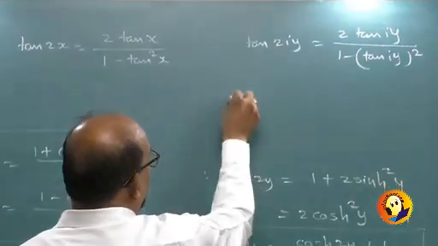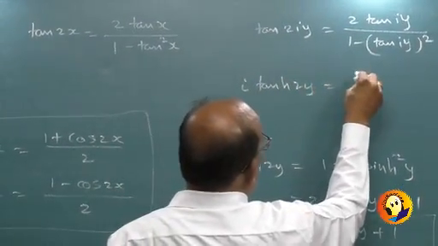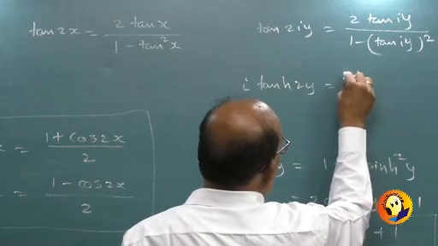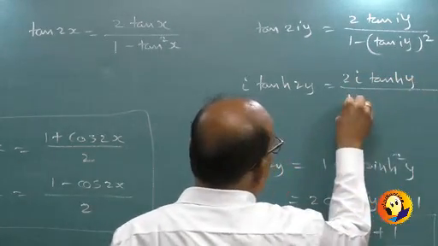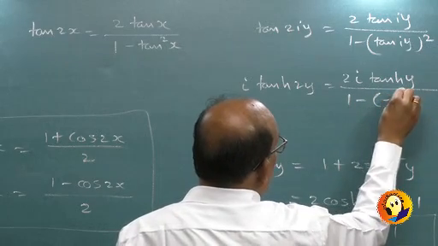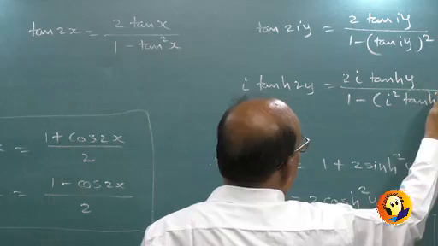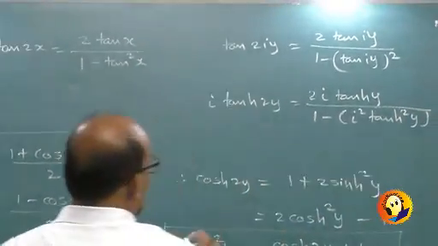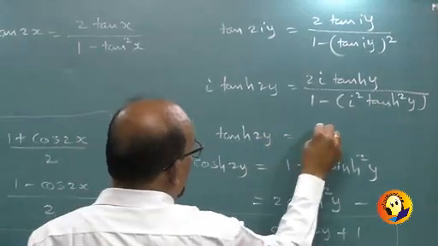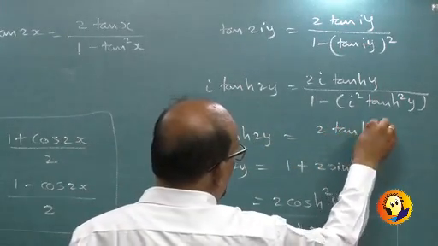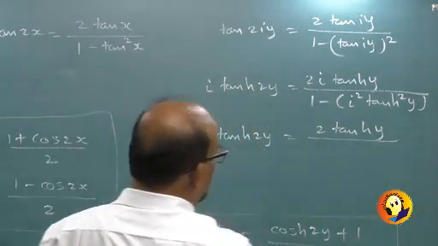And so we get i tanh 2y equal to 2i tanh y upon 1 minus i square tanh square y. Cancelling i, we get the formula tanh 2y is equal to 2 tanh y upon 1 plus tanh square y.